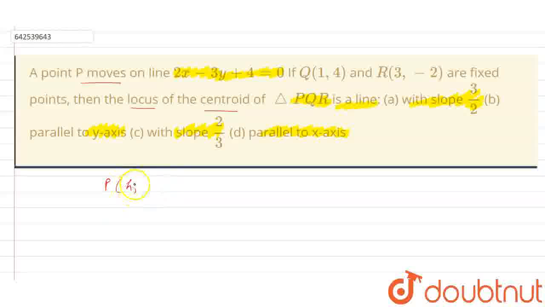We'll take the x coordinate as h and then find the y coordinate in the form of h. We are given the equation 2x minus 3y plus 4 is equal to 0, right? So if we put x as h, we'll get y as (2x plus 4) upon 3. And we'll replace x with h in the y coordinate, so we get (2h plus 4) upon 3, right?